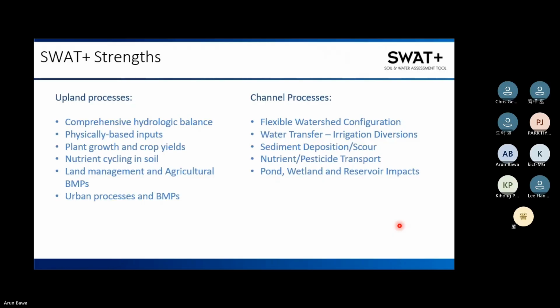So the strength is that if you provide good quality data at annual scale, you can still trust those responses. But as you go to finer scales, you need to tweak some of the input parameters to get better results.